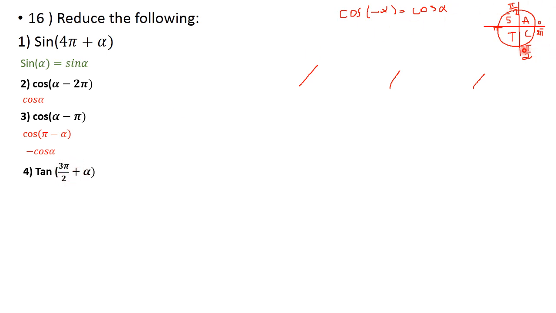Cosine is only positive, so the answer of tangent is negative. It's negative cotangent alpha, because as we said before, pi over 2 and 3 pi over 2 change the trigonometric line. So if it's sine, it becomes cosine. If it's cosine, it becomes sine. If it's tangent, it becomes cotangent. If it's cotangent, it becomes tangent.